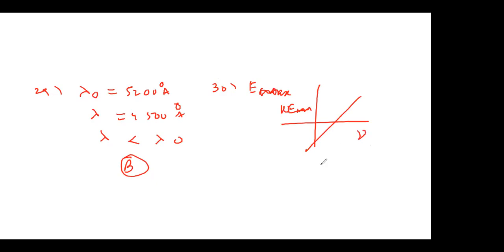We have already seen it. Does any of you know the slope? Say it yourself. h upon e? No, that is a bit wrong. Stopping potential then h upon e. I have written the formula: K max is h nu minus work function. So y is mx plus c, and the slope is h. h by e would come if it were stopping potential versus frequency. h means Planck's constant. C.